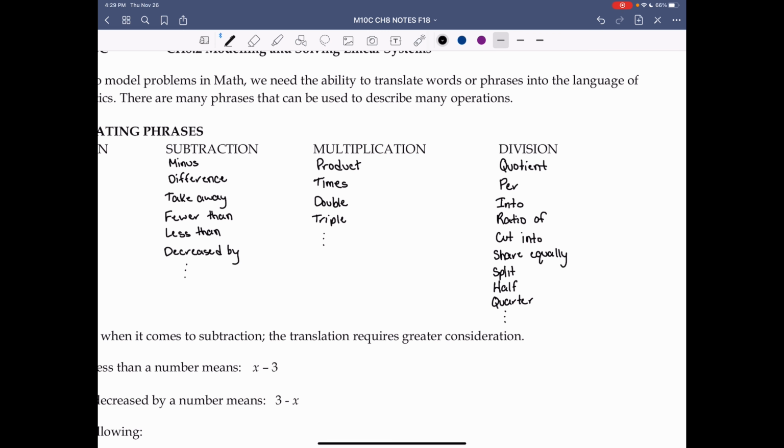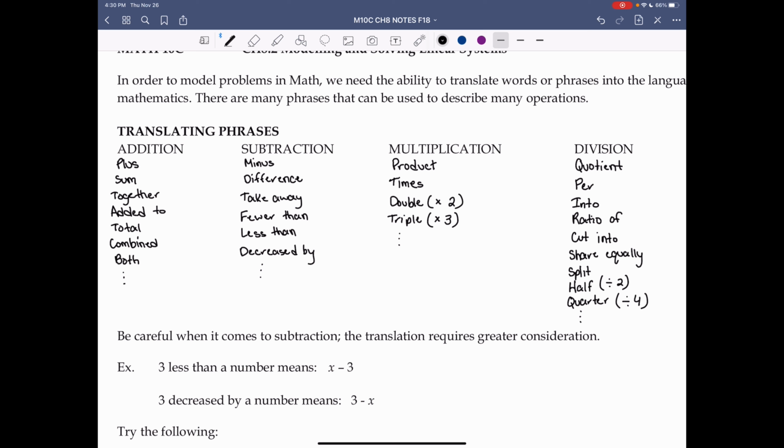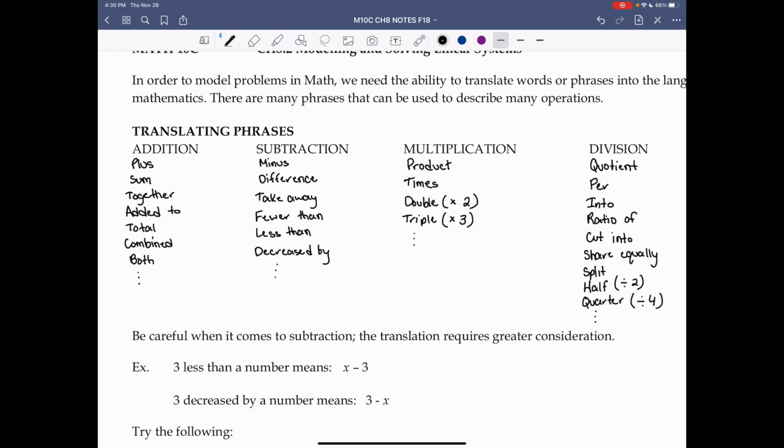Etc. So some of them are more specific. Half means divide by 2. Quarter means divide by 4. Double is multiply by 2. Triple means multiply by 3. And there are definitely many more ways to describe these mathematical operations using words.